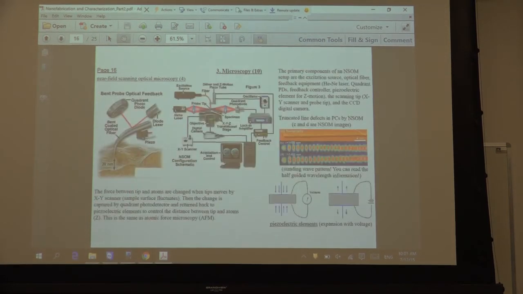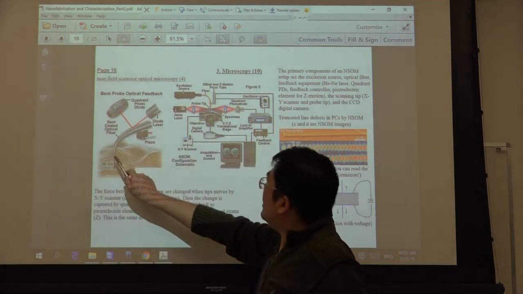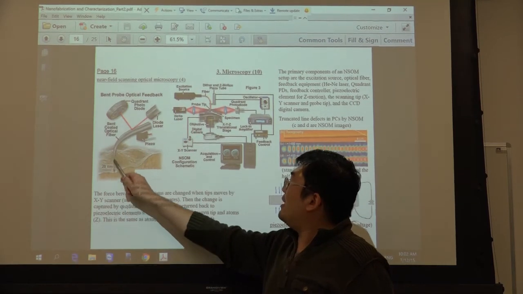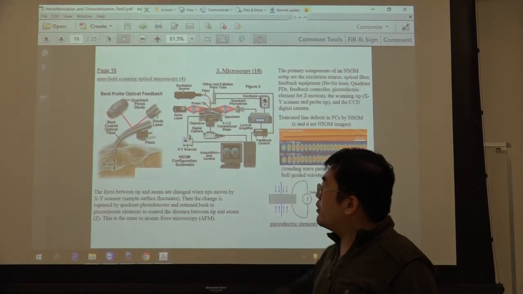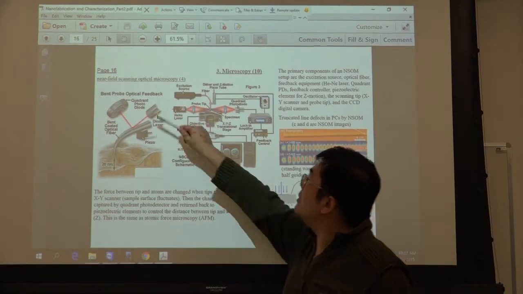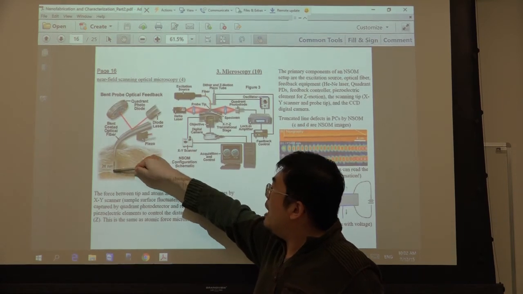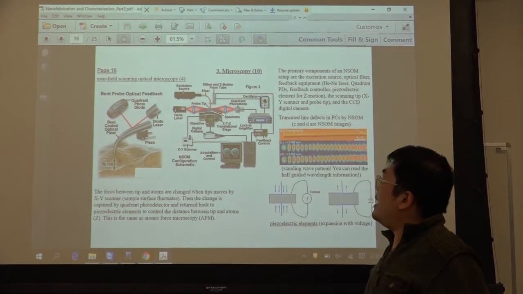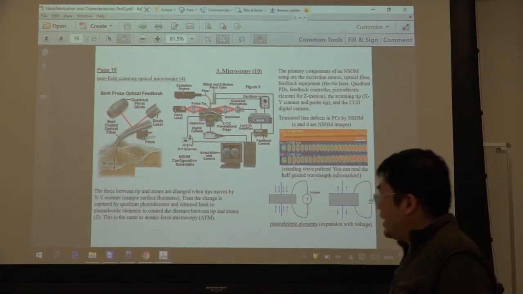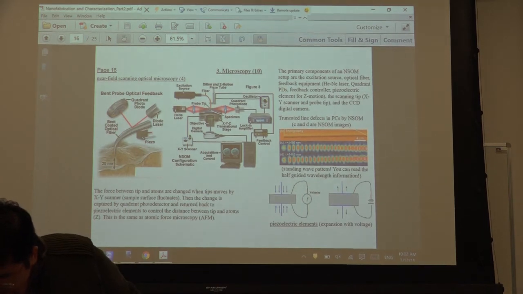You can see it's 10 or 20 nanometers. The distance between the tip and the sample surface is very small, and there is a force between the tip and the atom. So they have a feedback technique to control the distance between the tip and the atom very well. I will talk about atomic force microscopy today. So this is near field scanning optical microscopy.